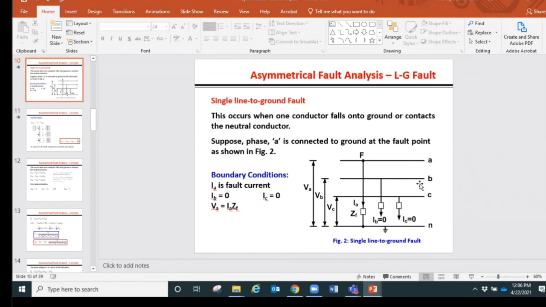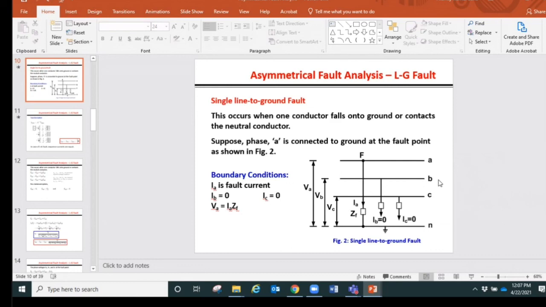If line B is faulted to the ground, not A, we change the label of B to A and then follow the sequence. So if it is A, then this one is going to be B, that one is going to be C. And if we find another case, phase C is grounded, then we'll call that C as A, then this one will be B, this one will be C. And all other equations will remain the same. We don't need to rewrite those equations at all. Is that clear?